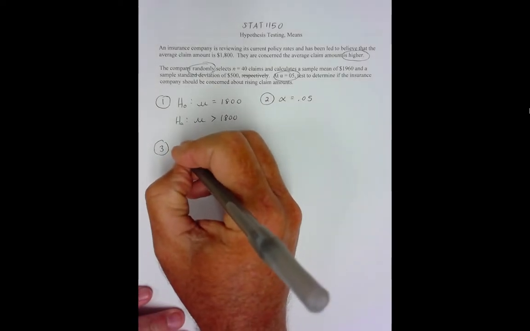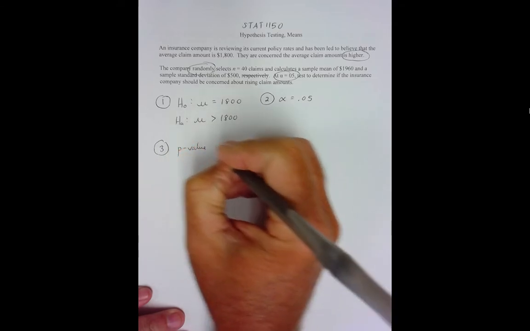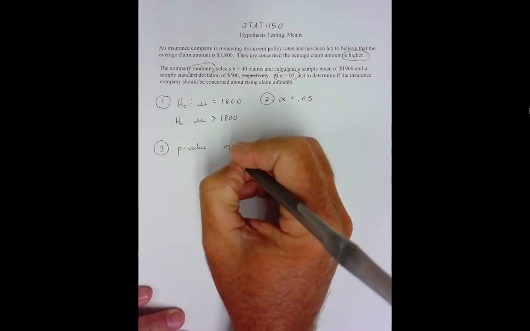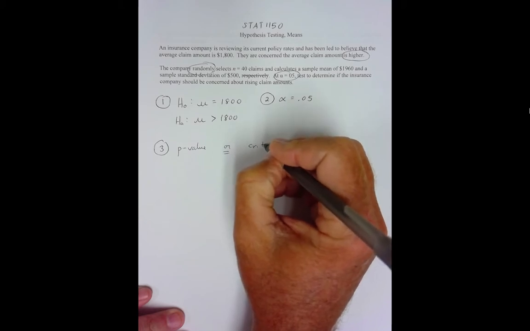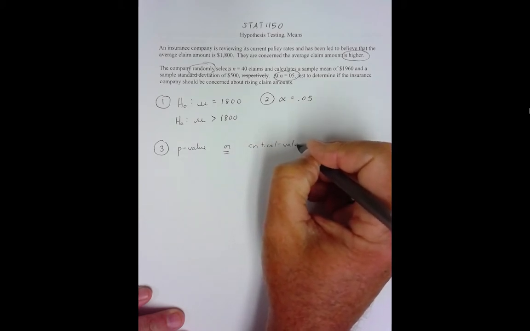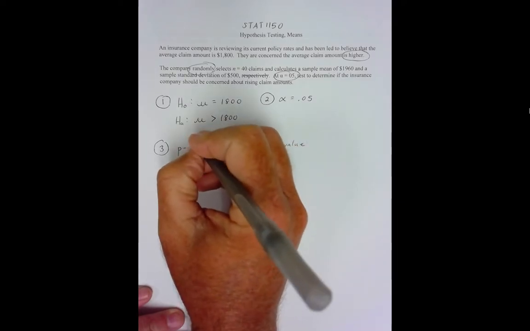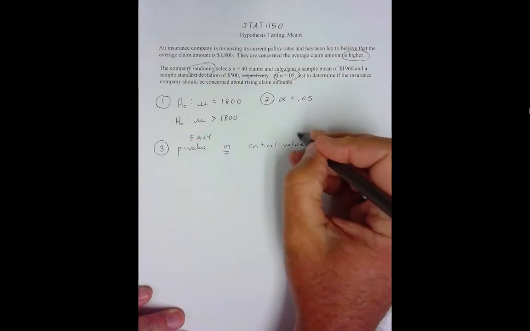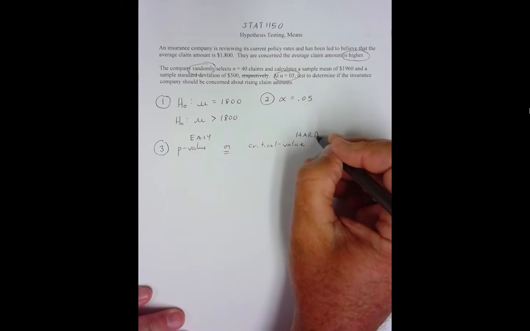Guys, the third step is we've got to decide how we want to do this problem. Do we want to do it the p-value approach or the critical value approach? This one's easy. This one's hard.